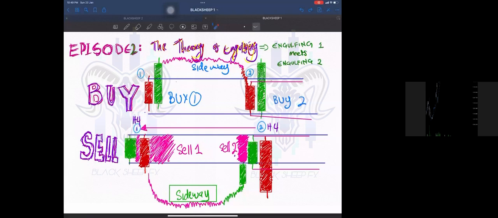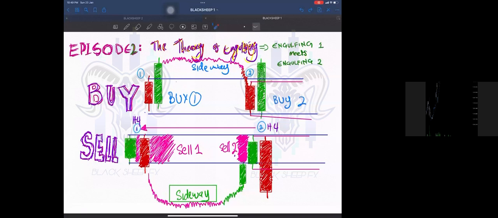So now, as we begin the theory of engulfing, let me give you a simplification of it. We are going to be covering an occurrence whereby when the first engulfing buy is formed, we create a zone. In this zone, we wait for the second engulfing buy to happen.